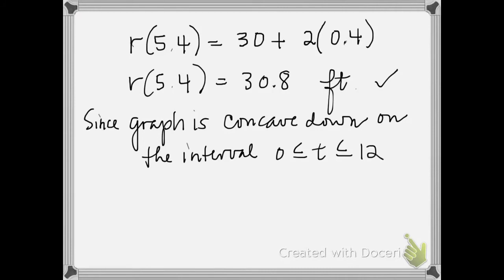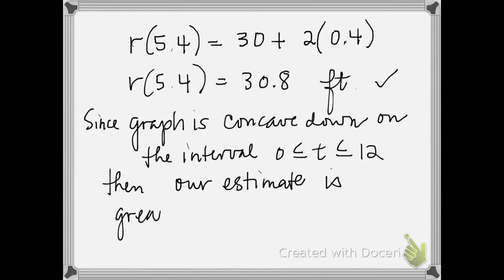Since the graph is concave down on the interval time 0 to 12, then our estimate is greater than the actual r of 5.4. Our estimate is greater than the actual one.